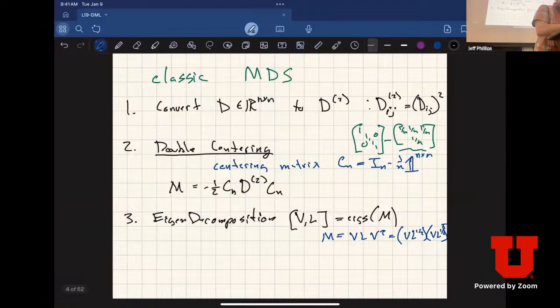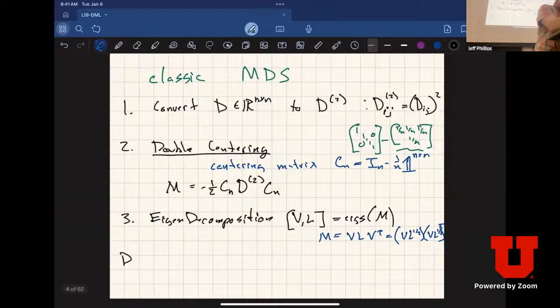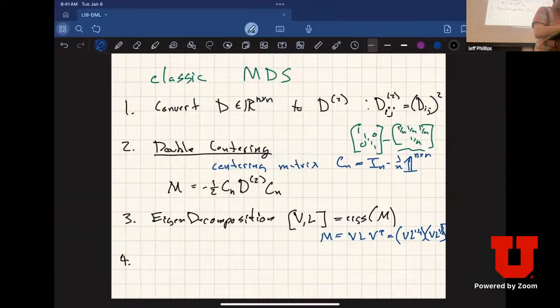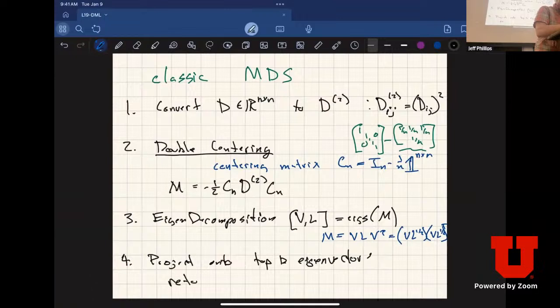Okay, and now I want to go down to a lower dimensional space. So I just project onto the top K eigenvectors. So I'm just returning B, which is going to be V_K times L_K to the 1/2.